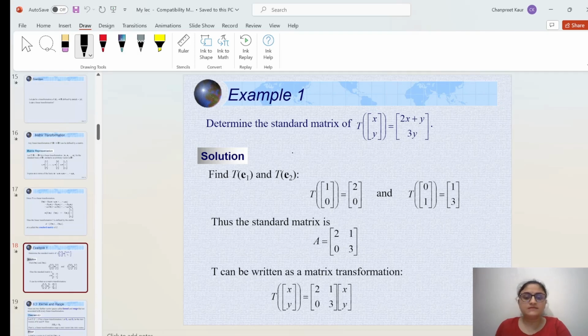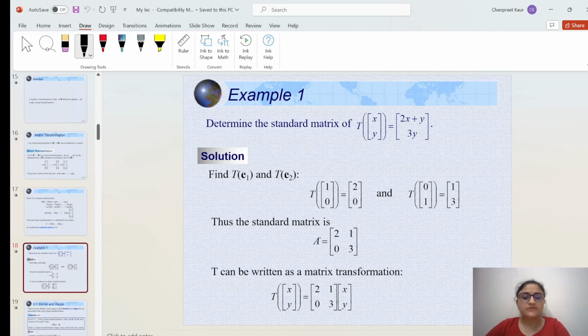Clearly the underlying vector space here is R square. So T(e1) is T applied to (1, 0). Under the action of T, it turns out to be 2 into 1 plus 0 and 3 into 0, which is (2, 0). Similarly, the action of T on the second basic element e2 is T applied to (0, 1), which is (1, 3).